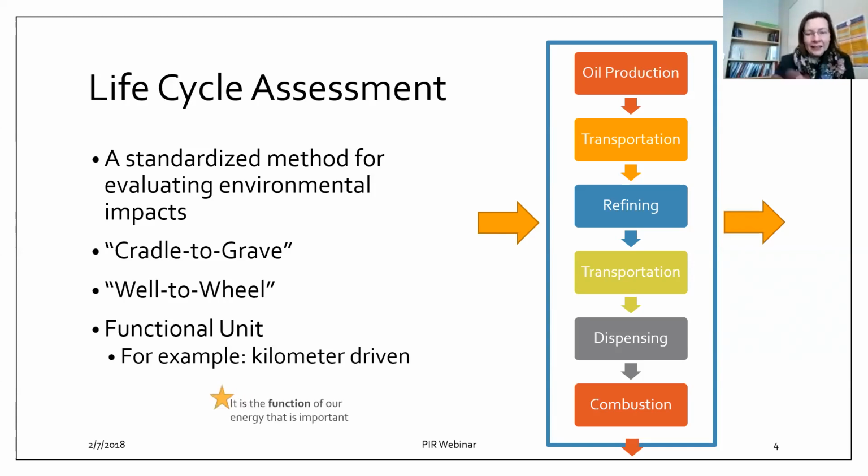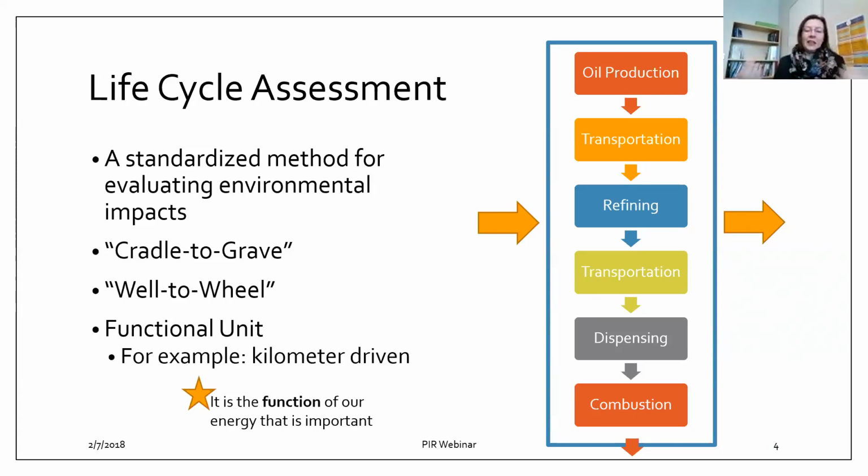Okay, and this functional unit is also really closely related to the idea that it's the function of our energy that's important, right? We really don't care too much where our energy came from, as long as it's there when we need it, right? And I don't even really care that I have energy. I care that the lights come on and that I can actually get from A to B, right?